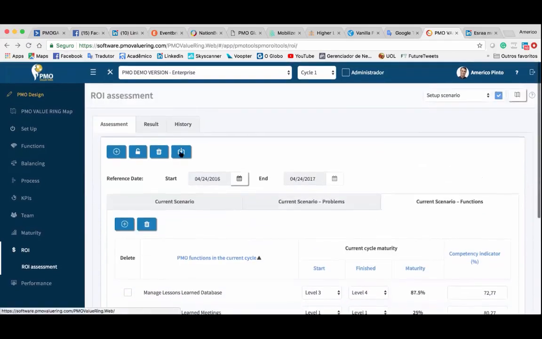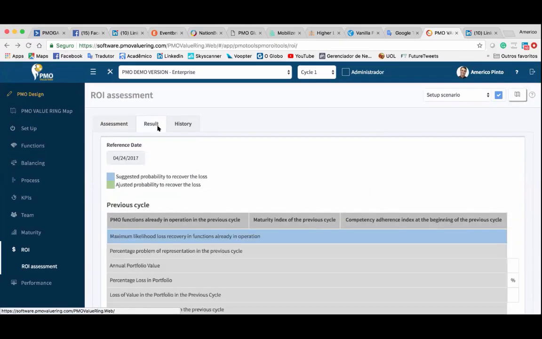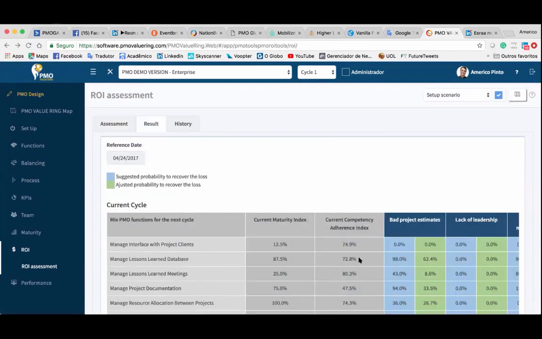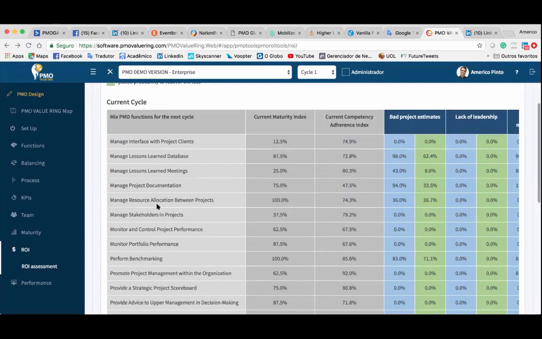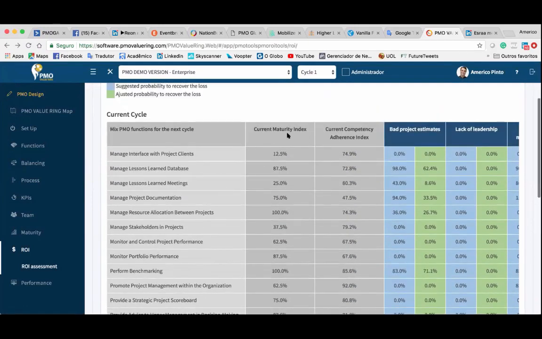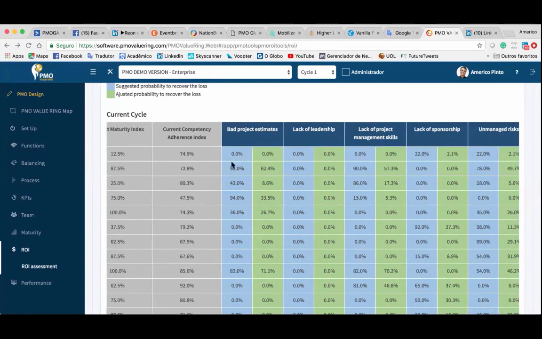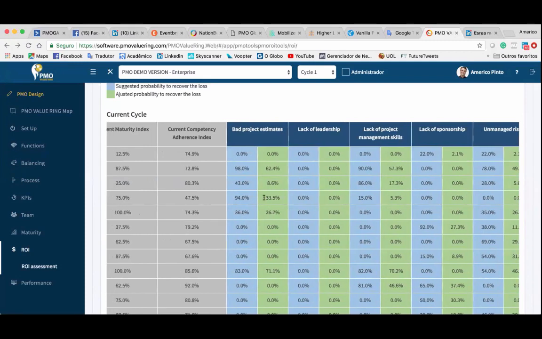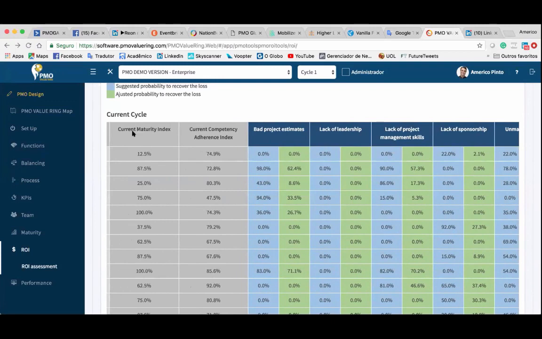And the results will be here. The calculations that I showed you are here. Look, our functions, okay? The maturity and the competence. The blue column is the number that comes from our database, and the green column is the multiplication of the maturity, the competence, and this number here in blue, okay?